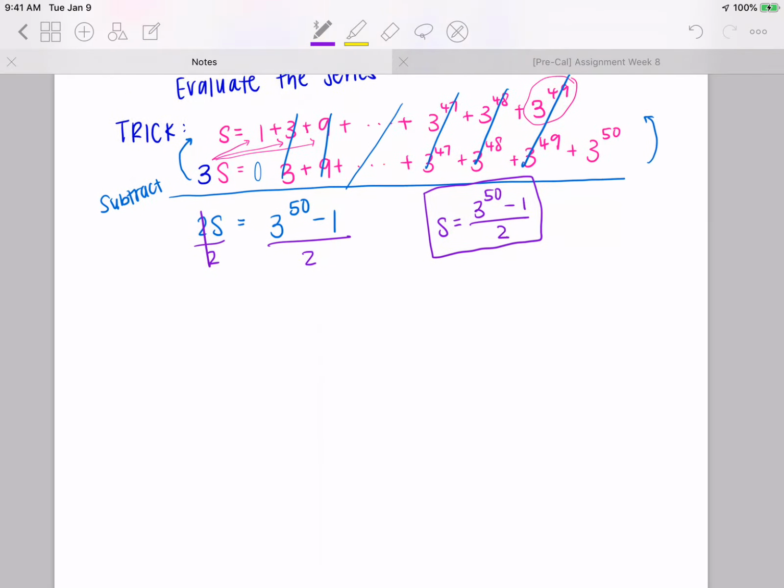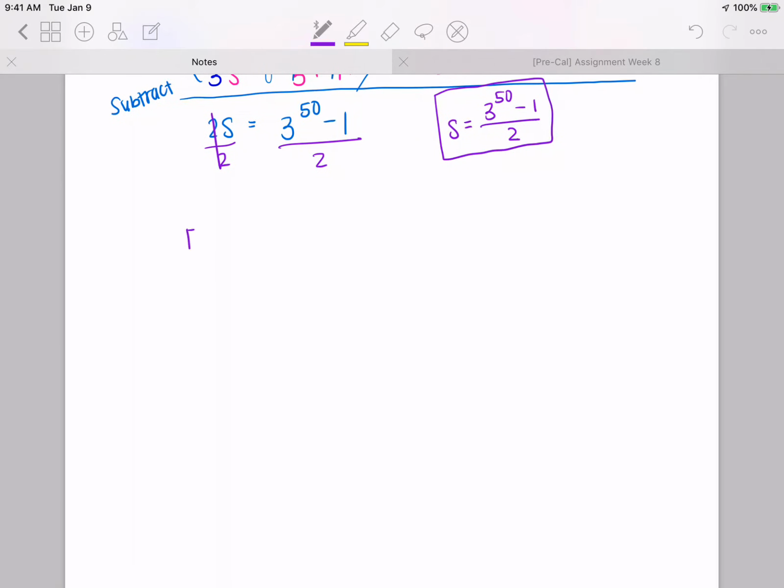And now I'm going to write the formula, which is really similar to that. It's going to be S equals B times 1 minus R to the nth power all over 1 minus R. Sorry. And B, in this case, is going to be our first term.